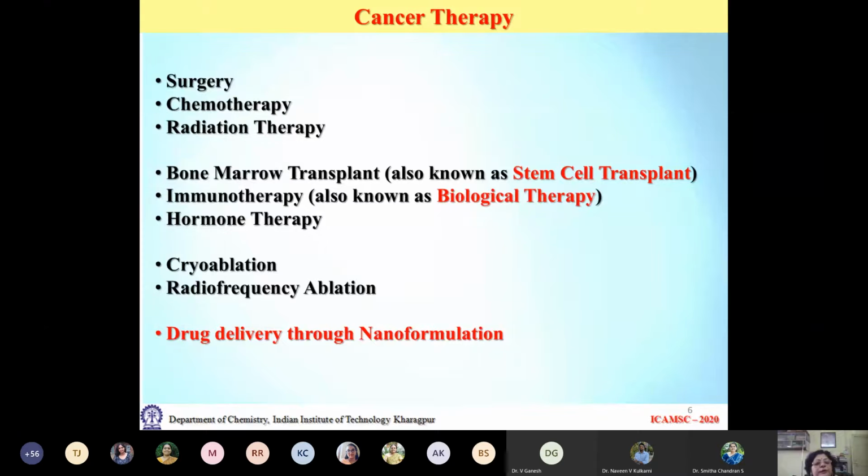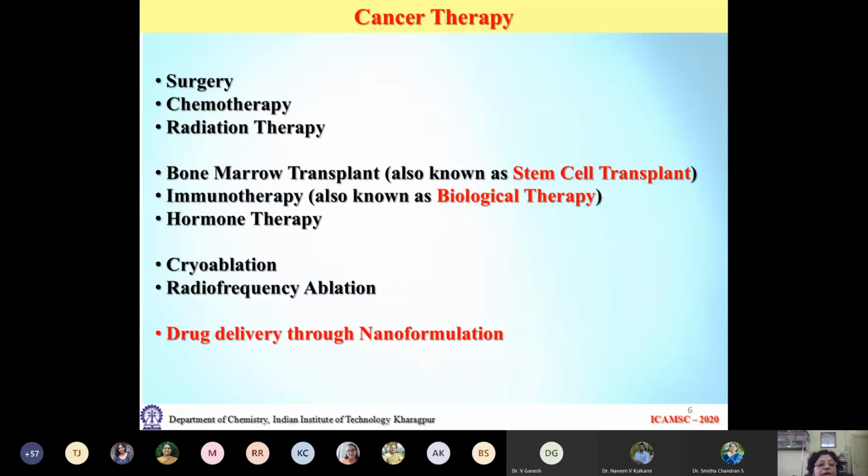Then there are another two things, which are cryoablation and radio frequency ablation. Cryoablation means you have a very sharp needle which is put in cryotemperature, and that is pricked into you, and then it is taken out and thawed, again frozen in cryotemperature, and again thawed. This is how the needle is pricked into the body.